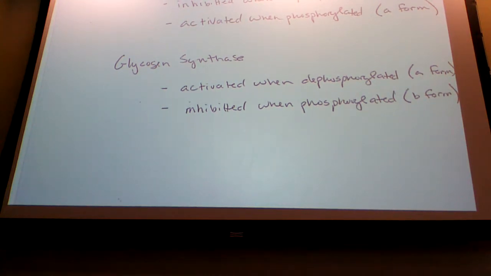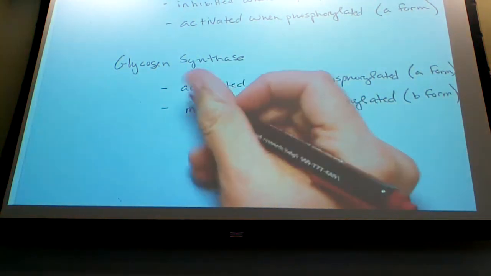Why do we use inhibited instead of inactive, is there a reason? You could say inactive, but usually that means that it has no activity at all. If you say inhibited, there might be some activity, but not as much as normal. And so actually that brings up a good point.